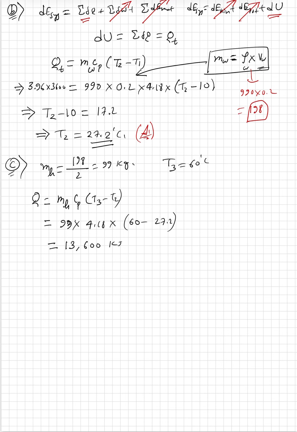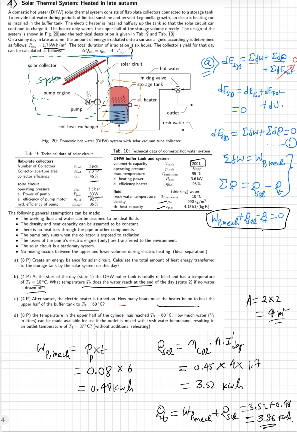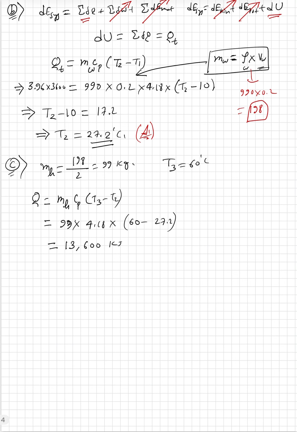Because they have provided the efficiency and the power, and when we require the time, we only have the formula regarding power and work. We all know power is the rate of work. Here the work is the energy, and we can substitute it by the heat.